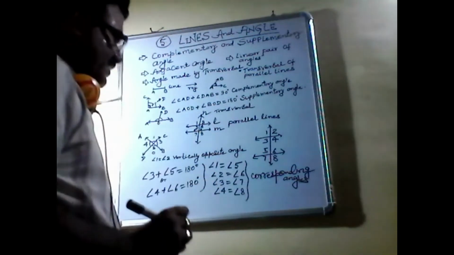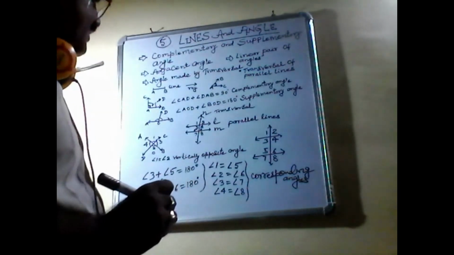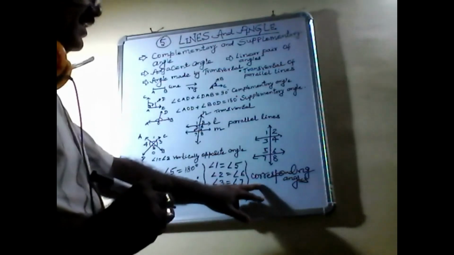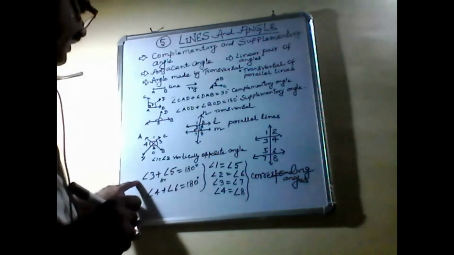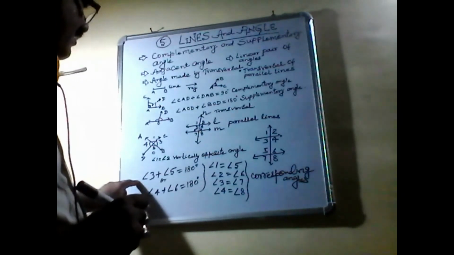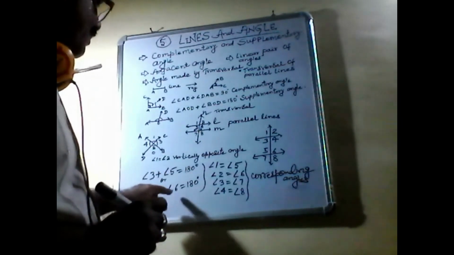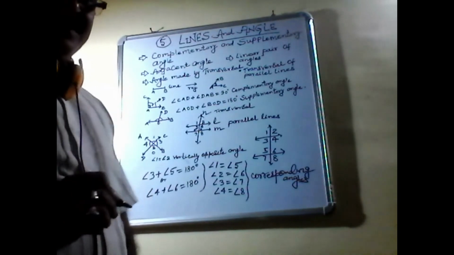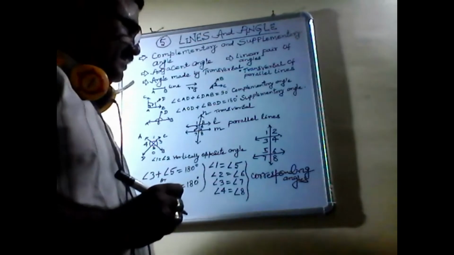So there are three conditions. First, vertically opposite angles will be equal to each other, corresponding angles will be equal to each other, and the sum of the interior angles on one side, either 3 plus 5 or 4 plus 6, will be 180 degrees. By this we can prove that lines are parallel.